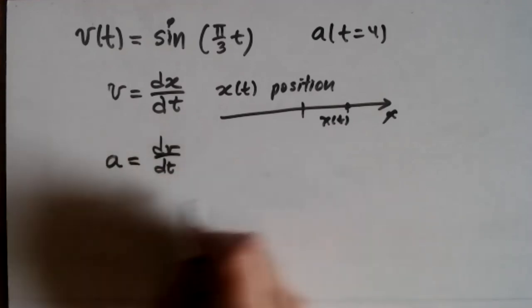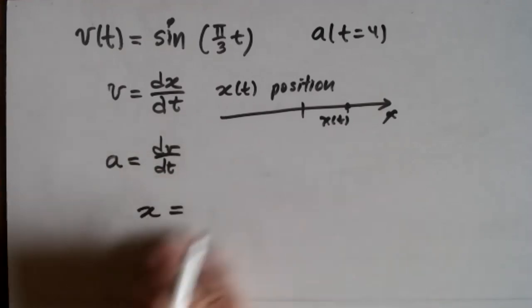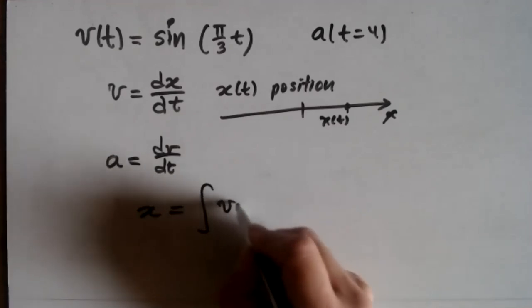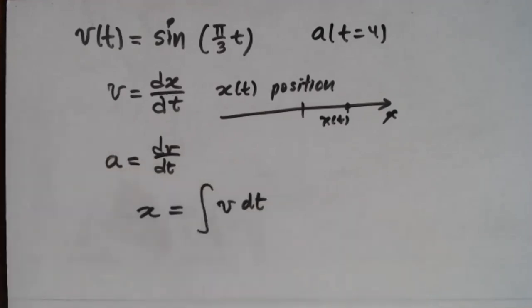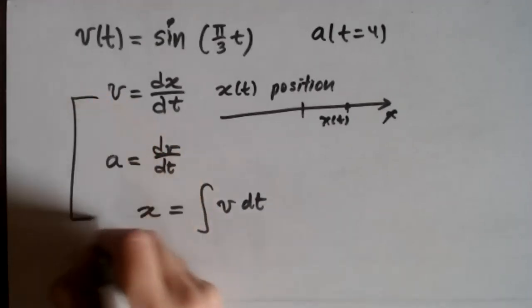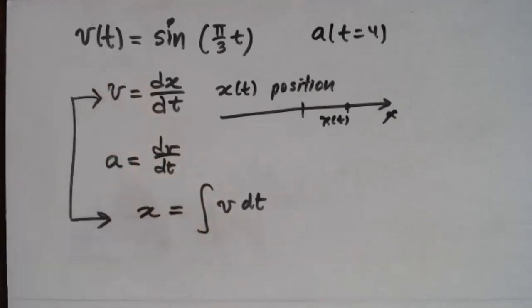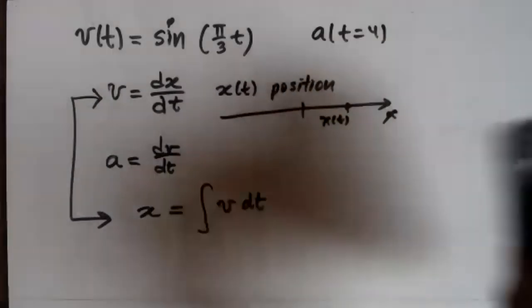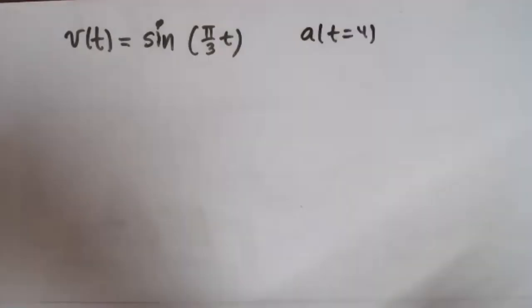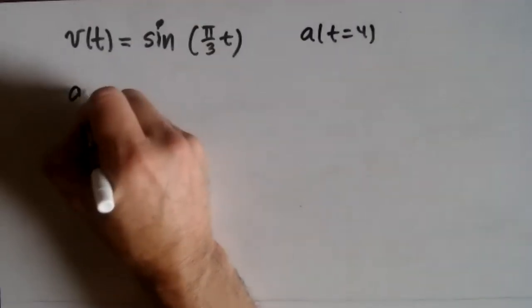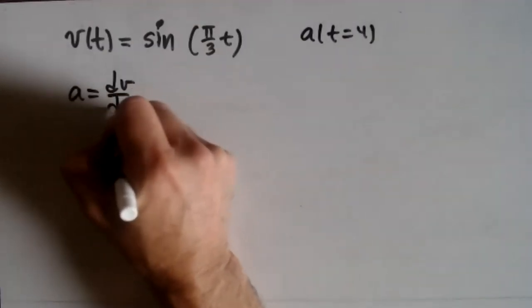The position is the integral of the velocity respect the time, because you have to get the reverse. You have to solve this equation. You integrate, you get this one, correct? Okay, so if we know that is basic, so acceleration is dv/dt.